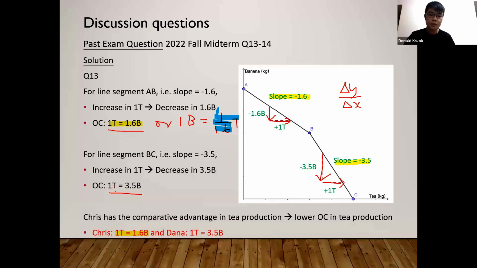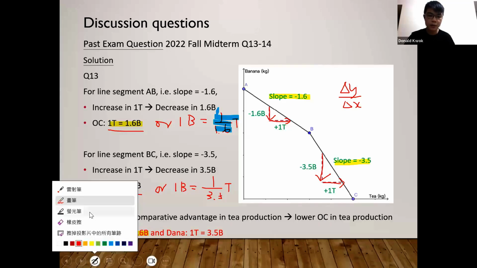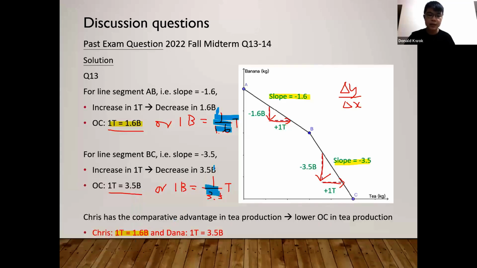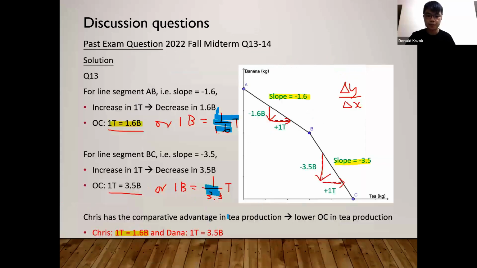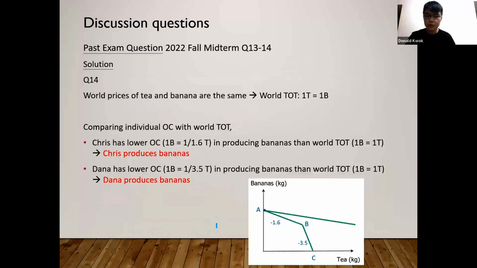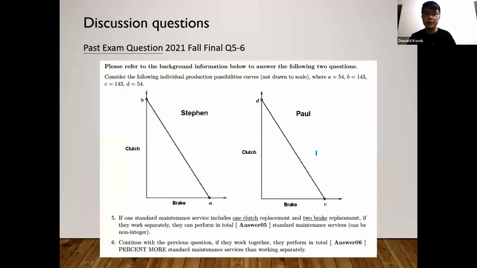Her opportunity cost of production is 1T equals 3.5B, or equivalently, 1B equals 1 over 3.5T. And since 1 over 3.5 is more than 1, then Dana will be producing tea when compared with the world trade ratio. Okay, so this is how we can complete the problem here. So please take a look at this problem before I go into the explanations.